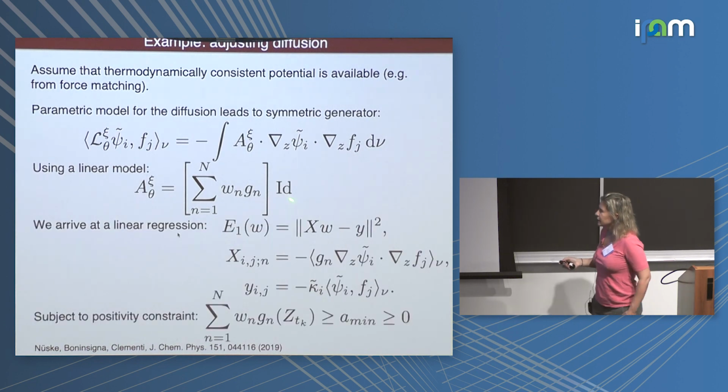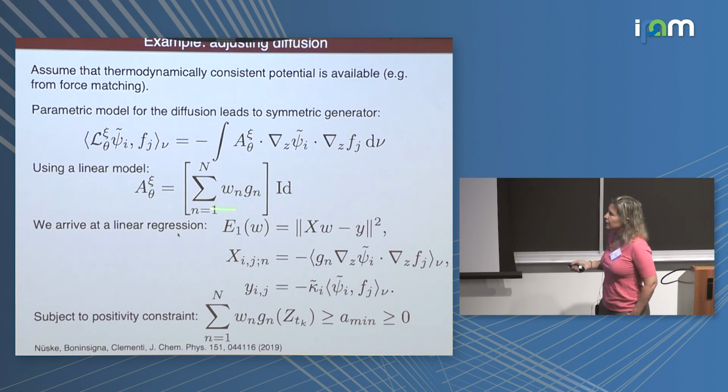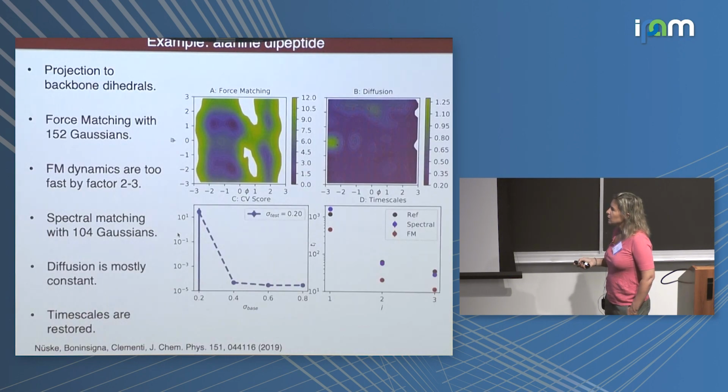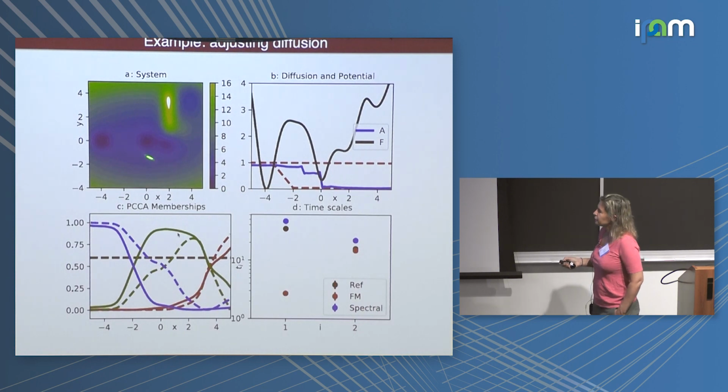This is just the technical details, but this is just using a linear model. We are now using a neural network for this as well, similar to CGNet. But if you use a linear model, you end up with the regression for the diffusion coefficient. And this is what we obtain.